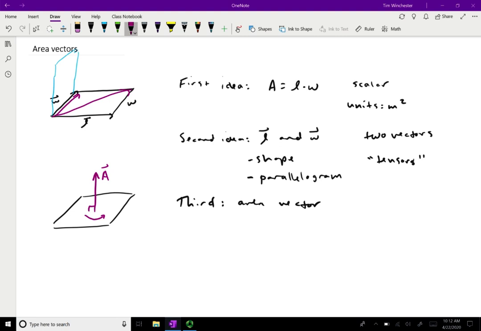The shape could be different. It could be long and skinny, or a circle, or a square, or any other shape. But I still know which way it's facing. That's the trick to use area vectors. The magnitude is just the area, as you might expect, and the direction is perpendicular to the surface.